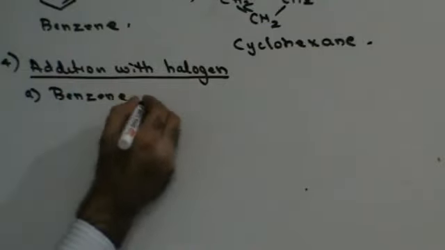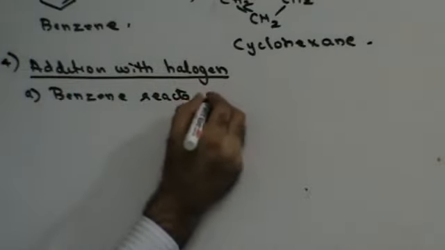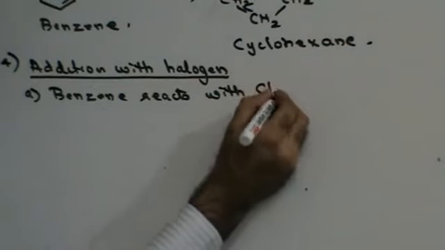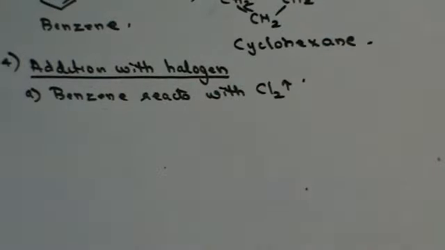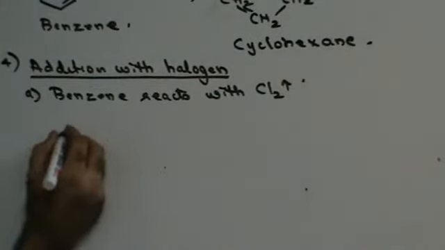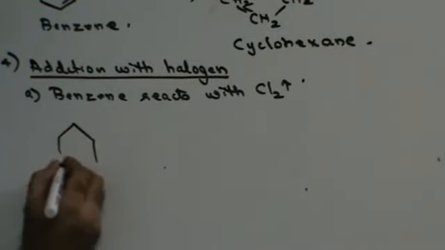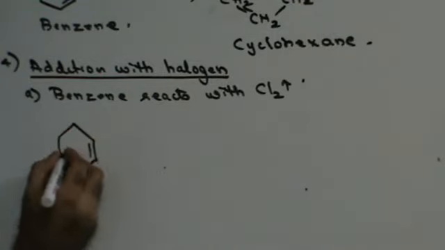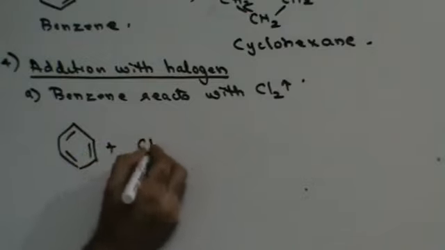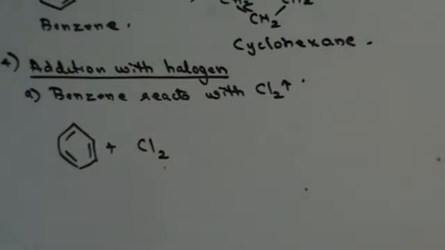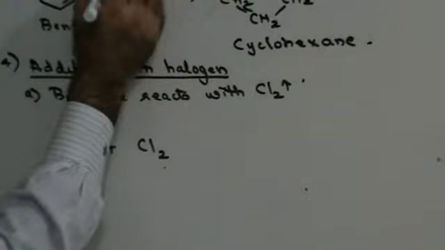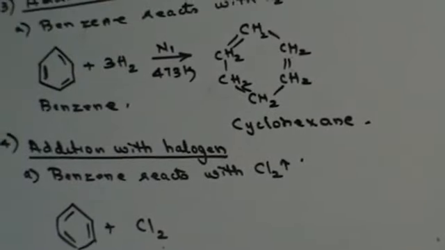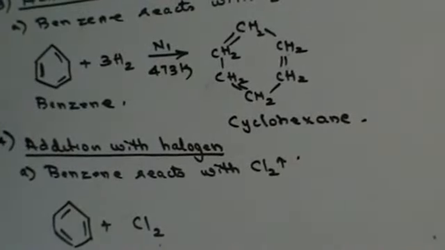Benzene, C6H6, draw the benzene ring, reacts with chlorine gas. In the previous case, I used 6 hydrogen to balance the reaction. I need to have 3 H2. Only then the reaction will be balanced.